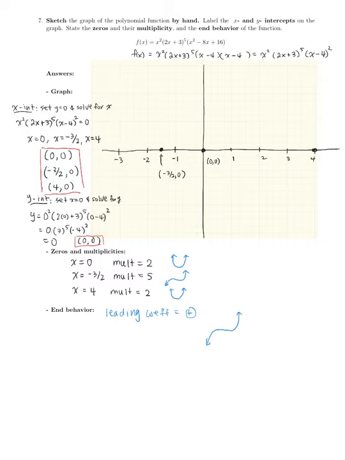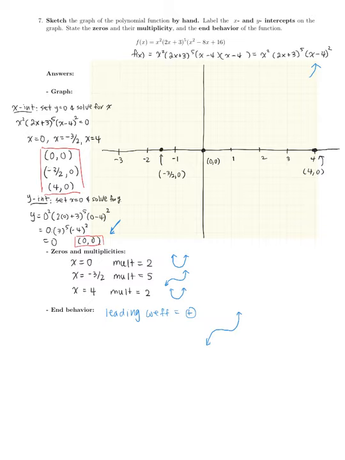Now 4 comma 0 is right here. So that's our 4 comma 0. Okay, so that's where the graph is going to change its behavior. All right, so now notice that your graph is going to be going down this way and then up this way no matter what. So keep that in mind.